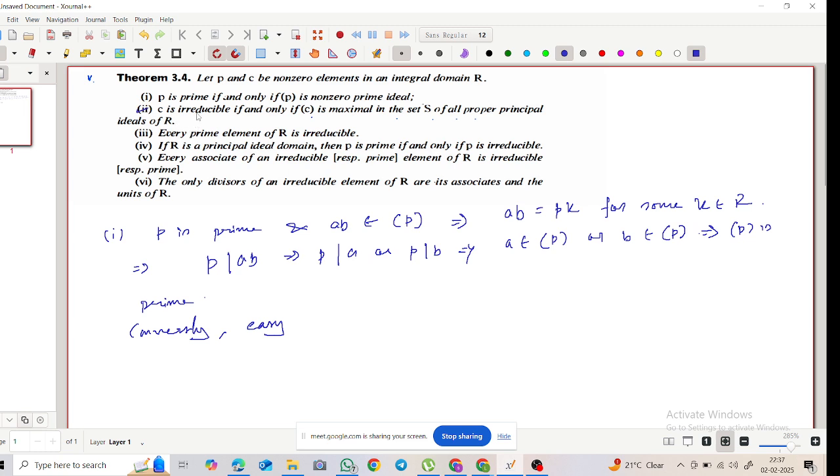Look at 2. C is irreducible if and only if C is maximal in the set S of all proper principal ideals in R. So, what is S? S is basically the set of all I such that I is an ideal in R and I is generated by a single element.